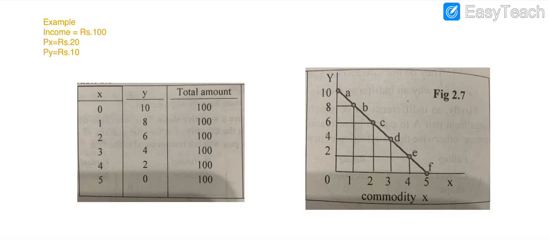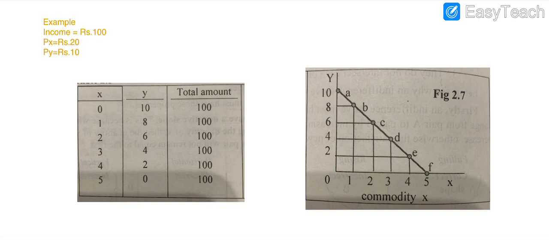If he wants to increase the commodity X from 0 to 1, he has to reduce the commodity Y because he has only 100 rupees which he wants to spend. If the consumer wants to increase 1 unit of X, he has to reduce 2 units of Y for equalizing his budget. If he purchases 1 unit of X, that is 20 rupees, and 8 units of Y, that is 80 rupees, his budget is equal to 100, and so on.